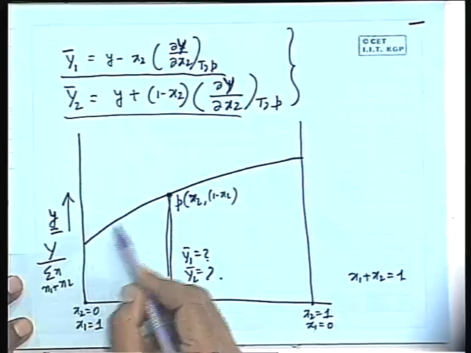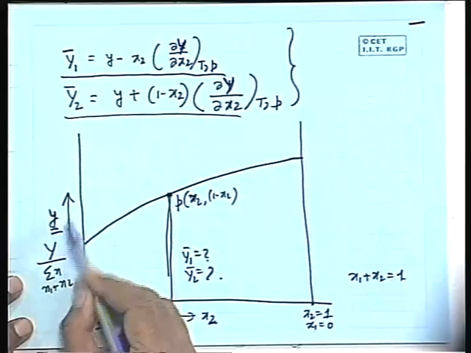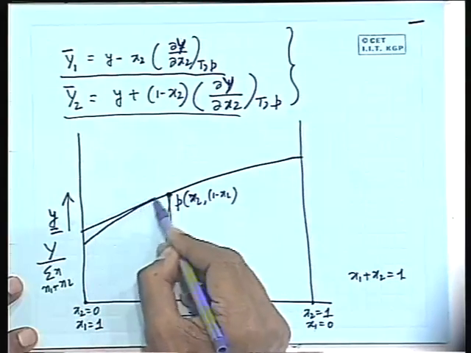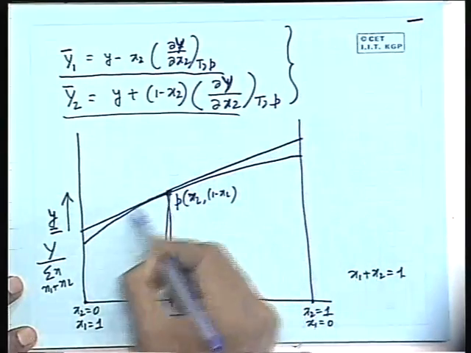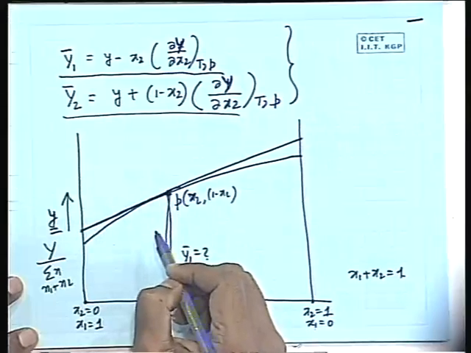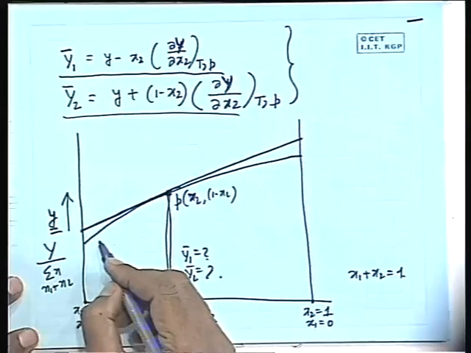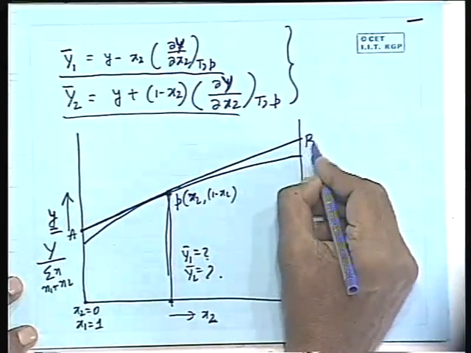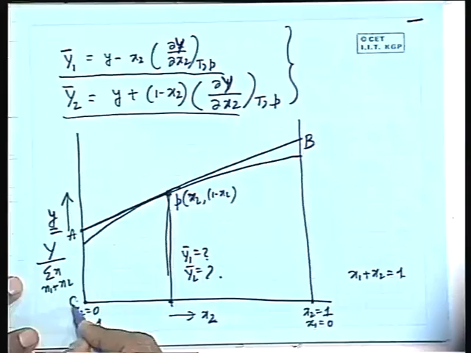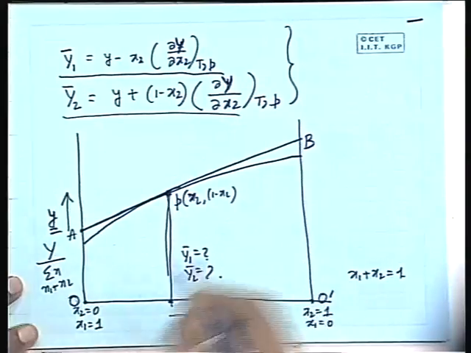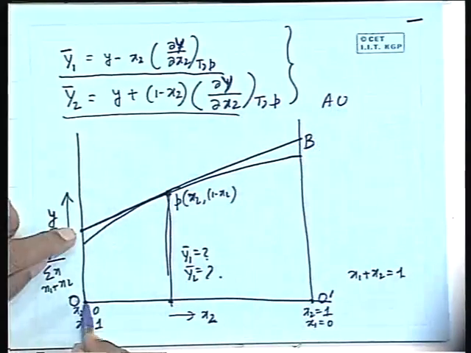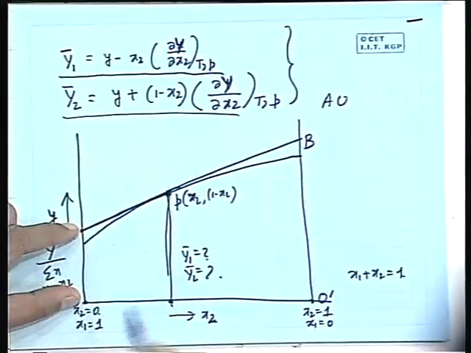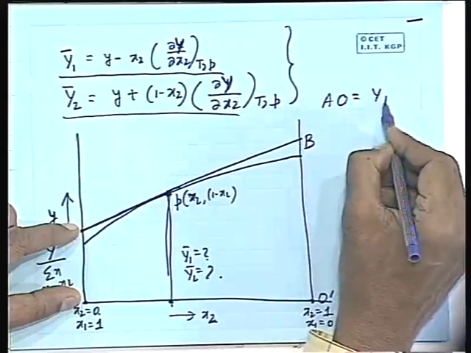So at constant temperature and pressure, if I have the molar property y for different x2 and can plot it, then it is very simple graphically. If I draw a tangent at this point P, which cuts here at A and here at B, and I define these ordinates' feet as O and O dash, then AO, the intercept of the tangent on the ordinate where x2 is 0, is equal to y1 bar.